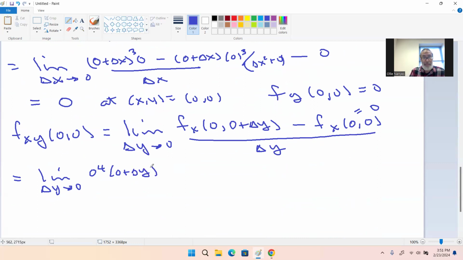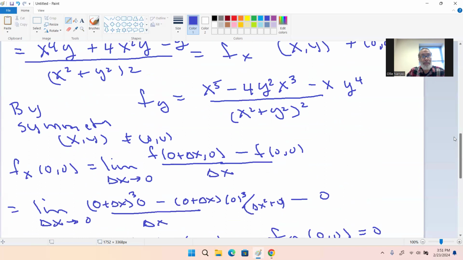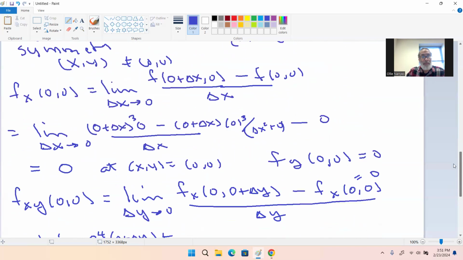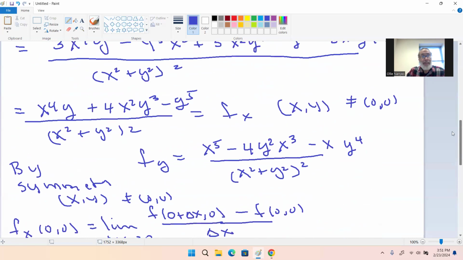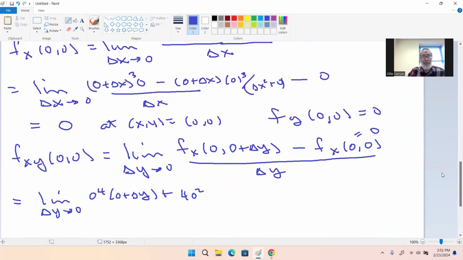plus, same thing here, 4 times 0 squared, and we don't really even need to write that down, but 0 plus delta y cubed, minus 0 plus delta y to the fifth, all minus 0.